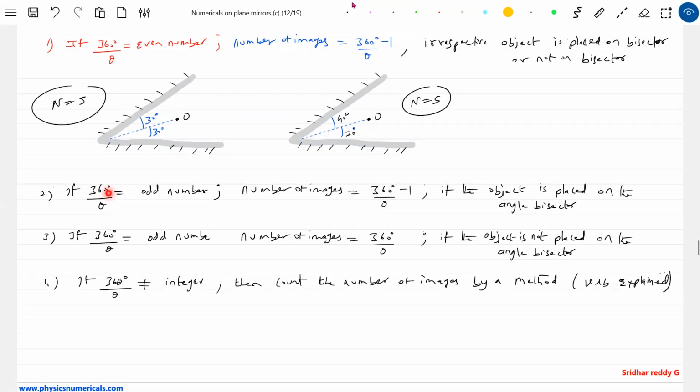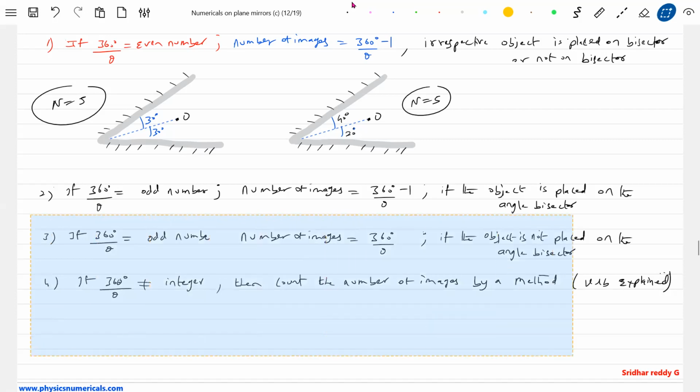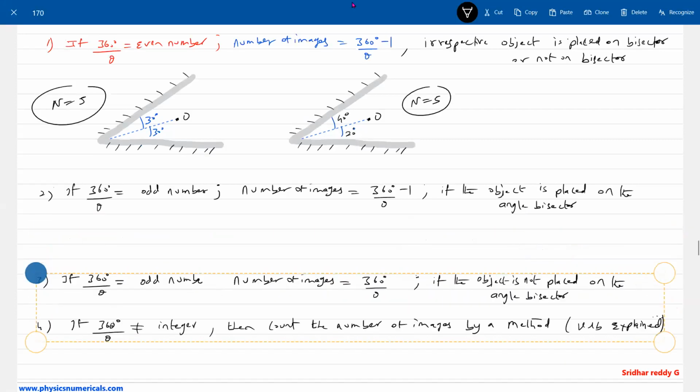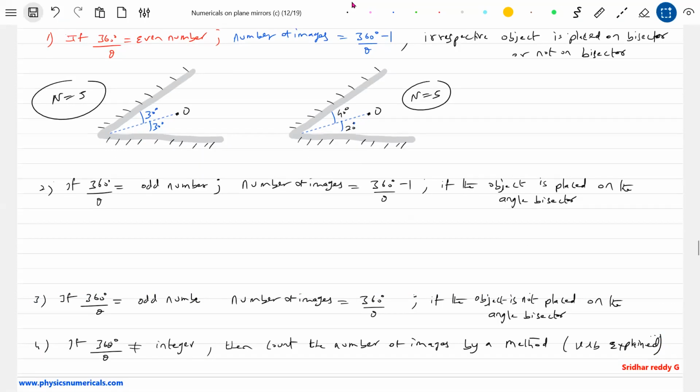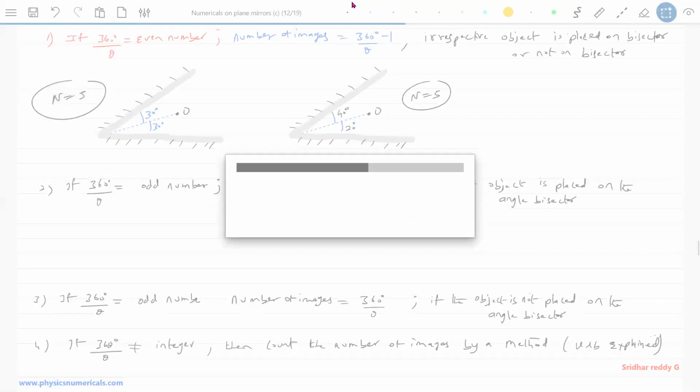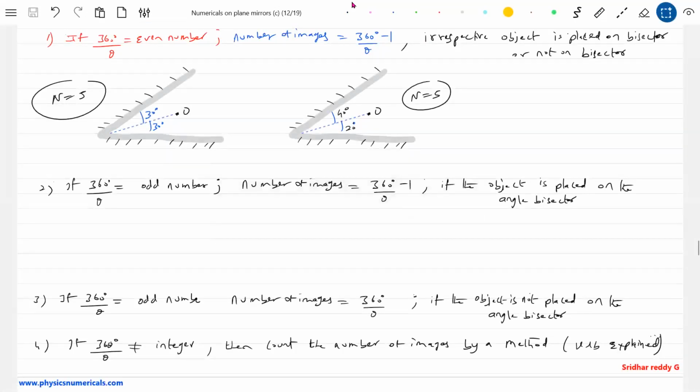Now 360 degrees by theta, if it is equal to odd, I'll give examples also so that it will be easy for you. Otherwise you'll find it very difficult to apply this formula. 360 by theta is odd. So to get odd, shall we take 72 degrees?